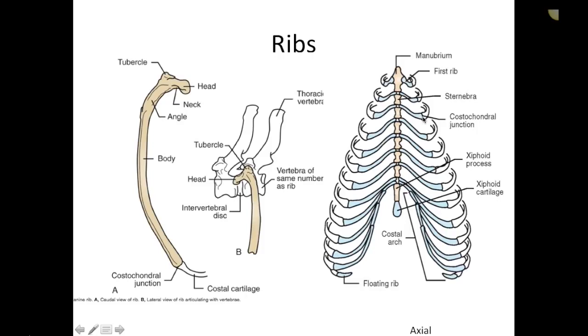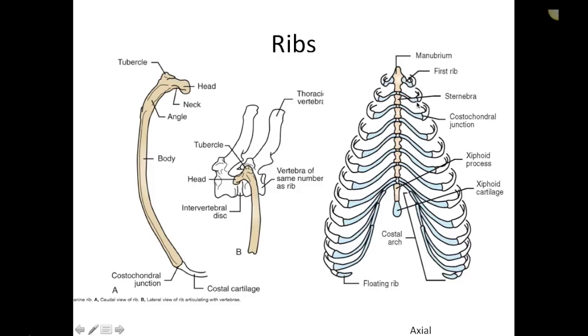Carnivores have 13 ribs. Equine has 18. And we have this costal arch. So let's count them, starting from cranial. This is where the head would be up here, and this is caudal.